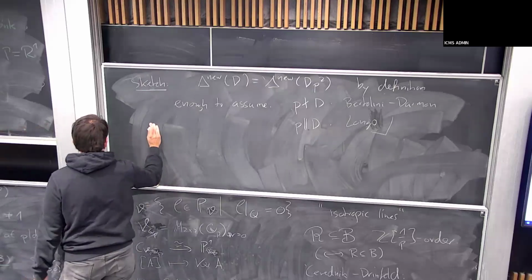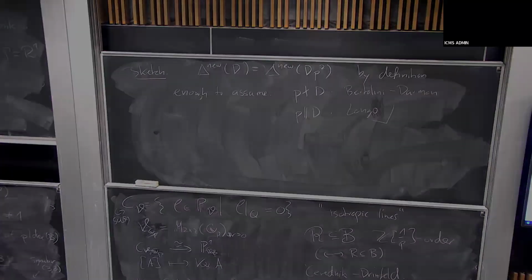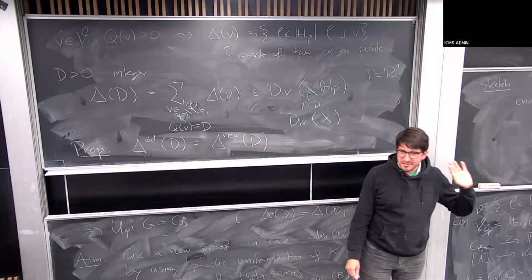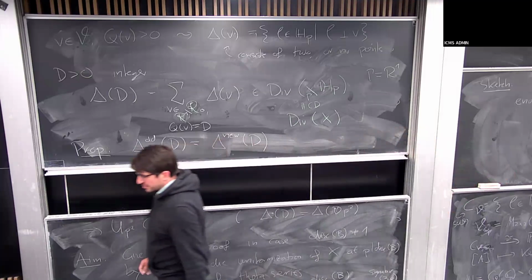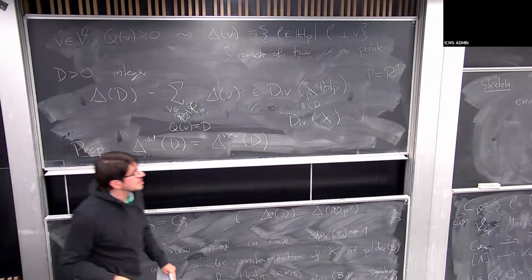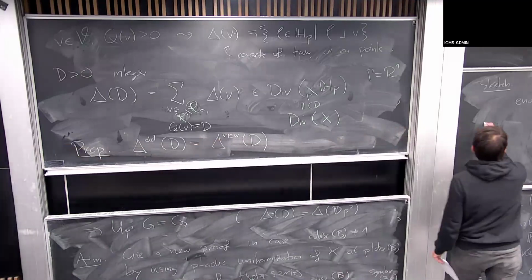Okay, so now we've translated our problem into a purely p-adic one. So there is no Archimedean component anywhere. So now, what are the steps of the proof?